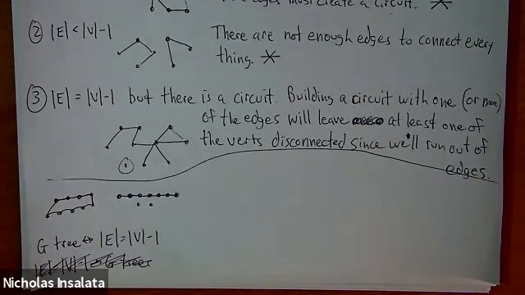No. Why not? Because if the degree is 14, that would make 7 edges, because each edge contributes 2 to the total degree, which would make 7 edges and 6 vertices, which is 2 too many, right? If we had 6 vertices, we'd have to have 5 edges, not 7. Very nice.